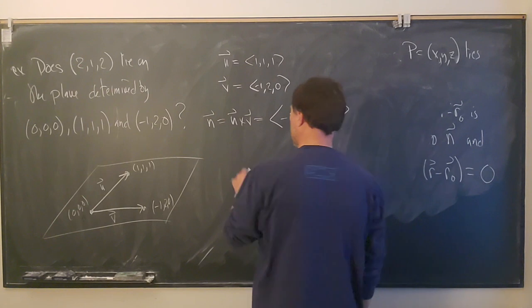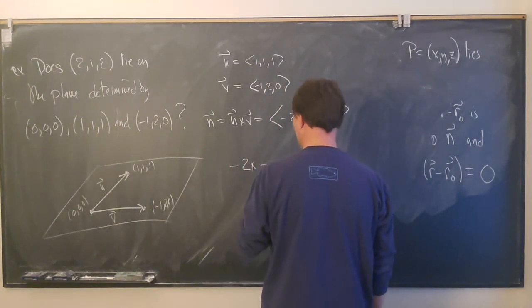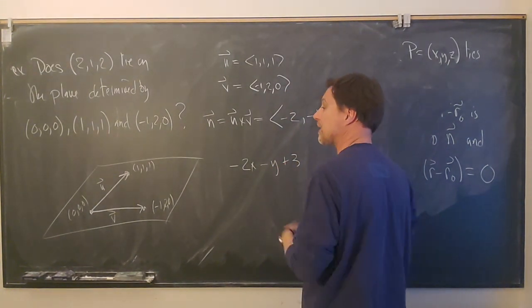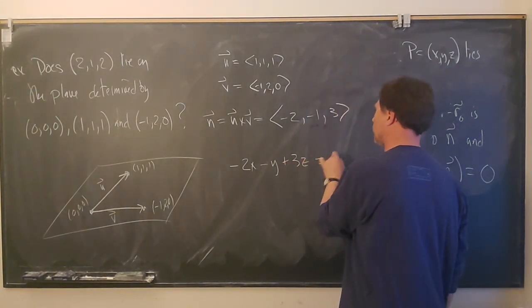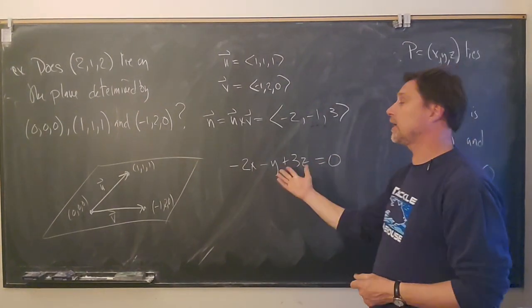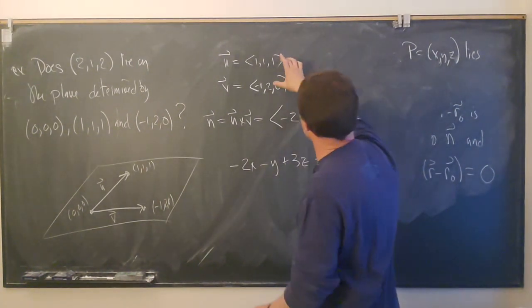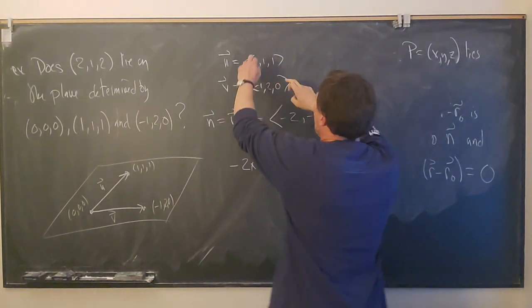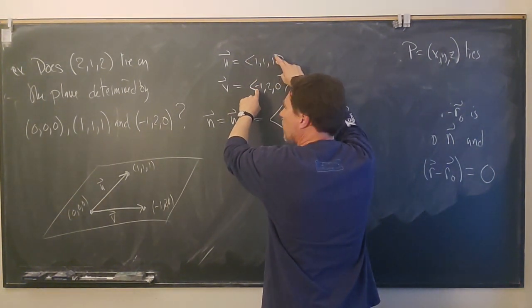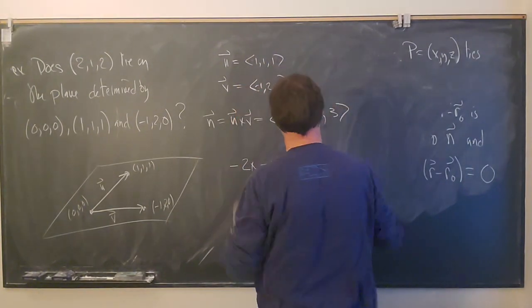And so now what we get is -2 times (x - 0), minus 1 times (y - 0), plus 3 times (z - 0) equals 0. Then we take our point (2, 1, 2), plug it in and see if it satisfies it or not. I just want to check and make sure, since it looks a little weird here. Negative 2; 1 minus negative 1 gives me positive 1, so I negate it; and 2 minus negative 1 is positive 3.